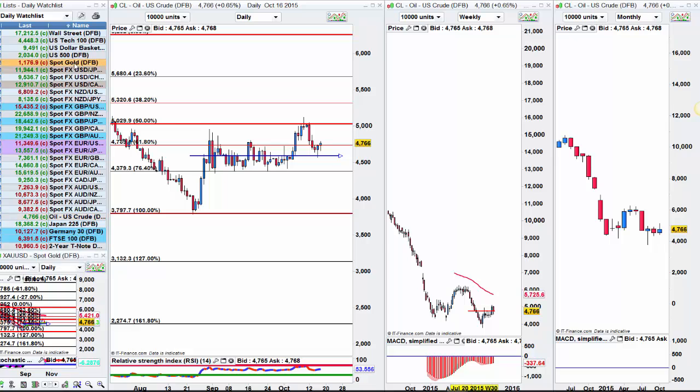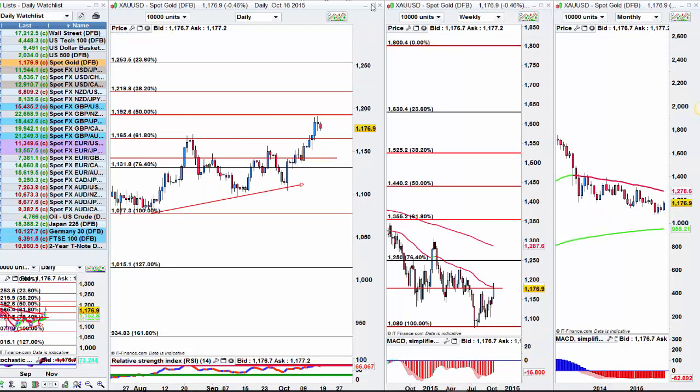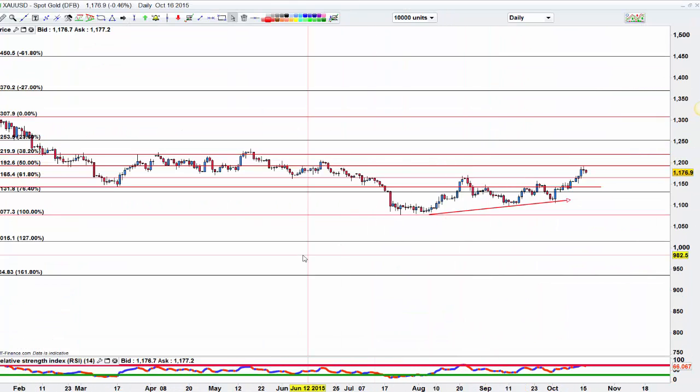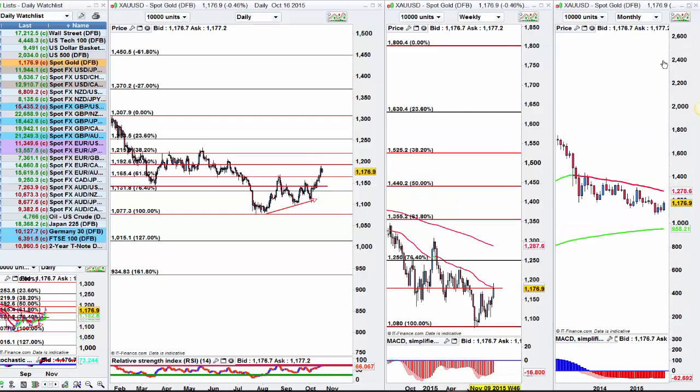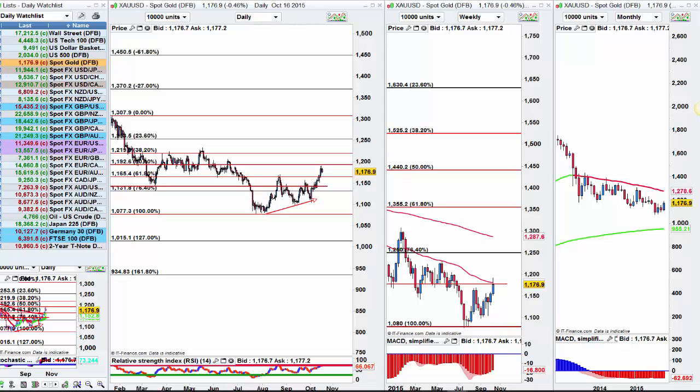Gold. I think gold has retested that 50%. I think that's a short, and I think any pullback to 1185 could potentially at least take us down to 1165 and lower. That is a strong weekly bar, so just be careful.